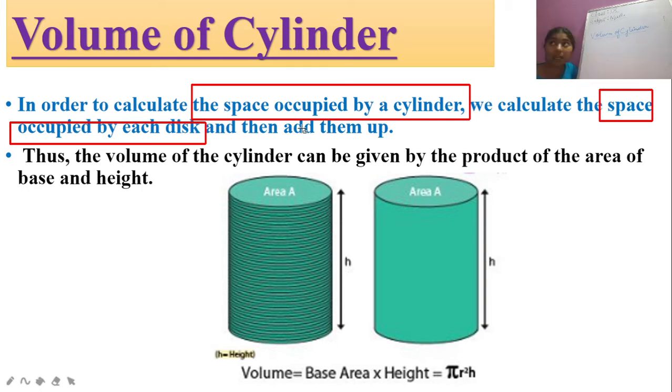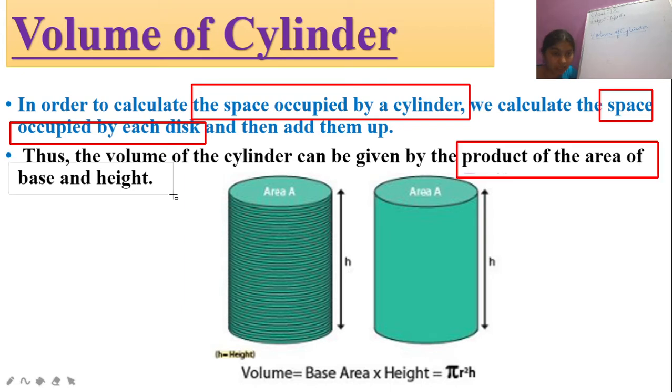The volume of the cylinder is given by the product of the area of the base and the height. In front of you many discs are arranged, in the form of circles.